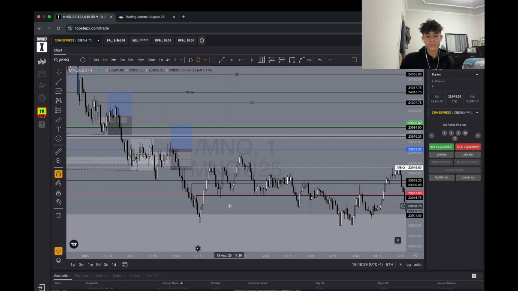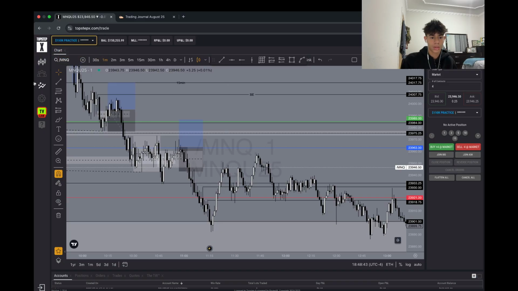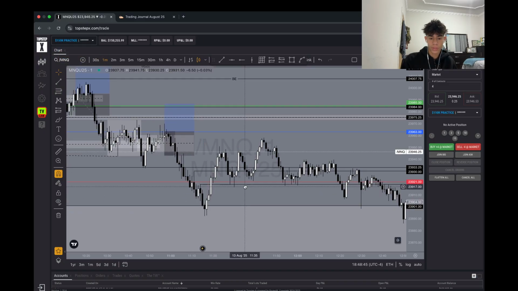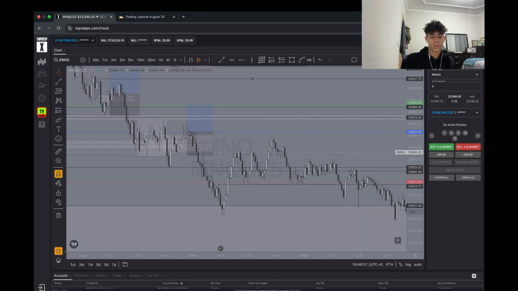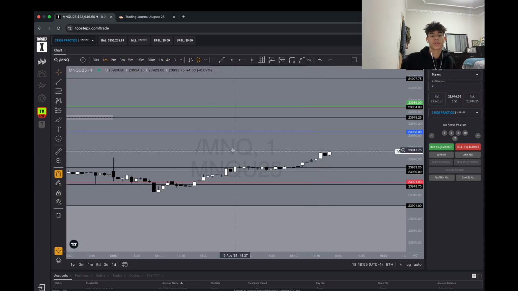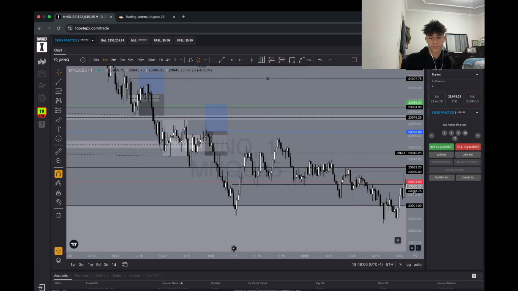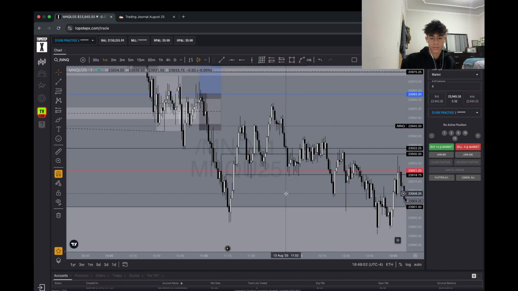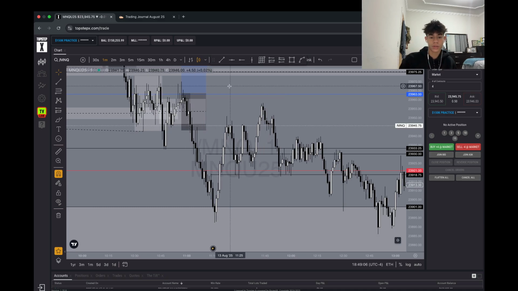But on my practice account, I took a trade. I think it was after we took out all the draws, took out Asia lows, another hourly low, and we filled in this 4-hour gap. I was looking for some longs again. And like I said, I'm glad I didn't take this on my real account because I half-assed this trade.